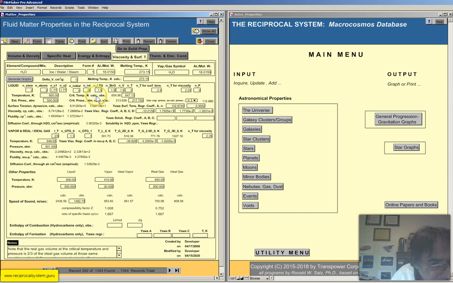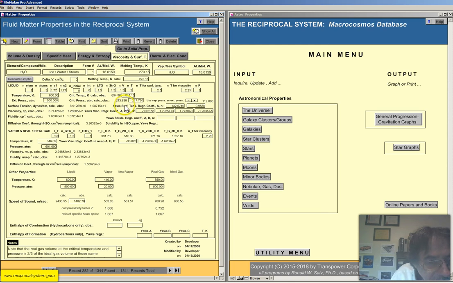Critical pressure in atmospheres calculated versus observed. You have the choice of using the vapor pressure as external pressure. It's no, because we're going to enter in 500 atmospheres here. So with this, the question is, what is the surface tension? Surface tension is measured in dynes per centimeter. So we have the calculated and observed values. Calculated, observed.